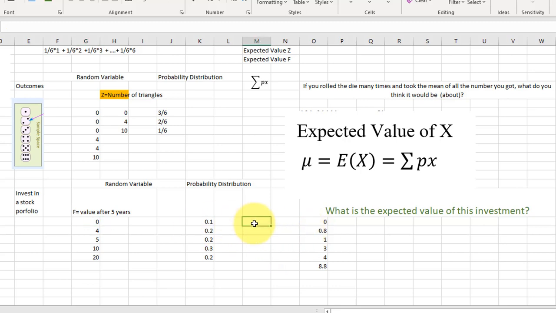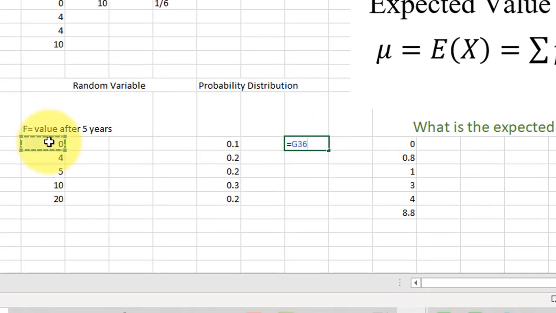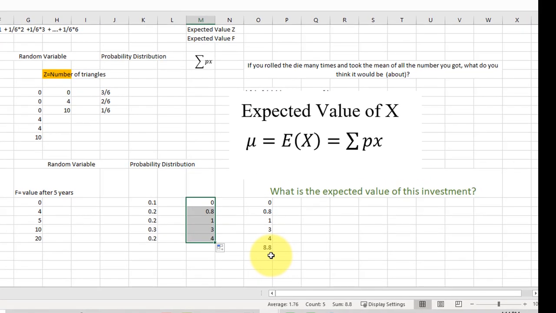If we want to write an Excel formula for it, we took this times that, and then I can just drag this down. Did I get them right? Yeah, I got them right. And then we sum them up, and we get 8.8. So you could write the formula like this. Anyway, that's the expected value for this investment after 5 years.